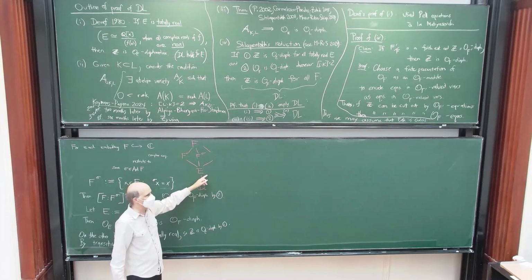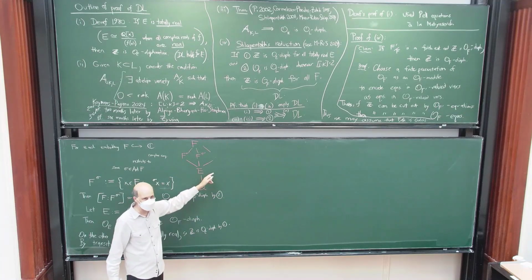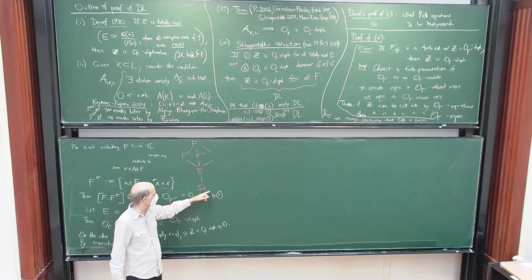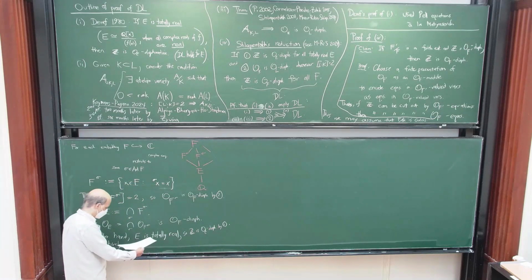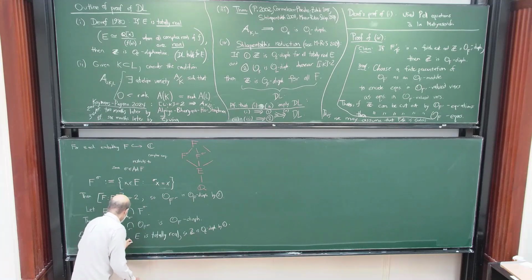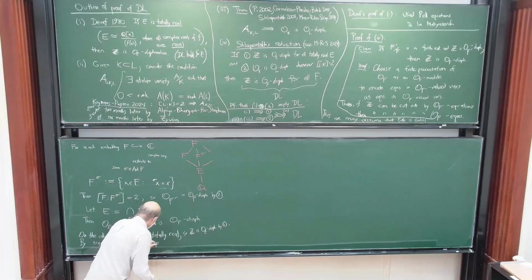And then on those variables, you impose additional equations to force those OE-valued variables to actually take values in Z. And so in that way, you can show that Z is OF Diophantine.